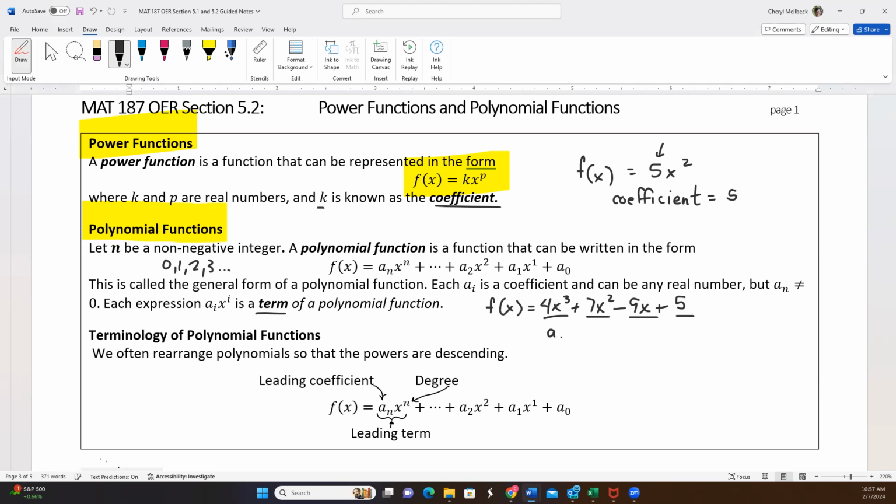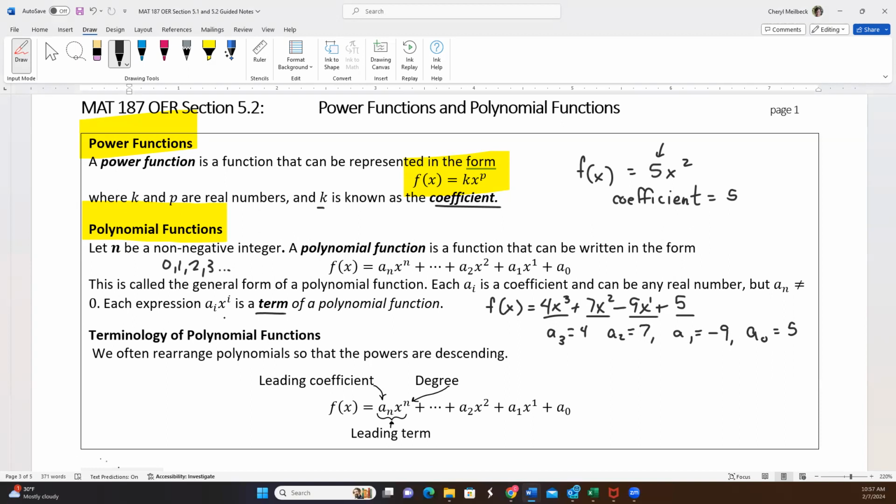So a sub 3, because the third degree term, a sub 3 is the coefficient, so it would be 4. Here, a sub 2, we would say was 7. A sub 1, we would say was negative 9, and we call it a sub 1 because the x has a 1 exponent there. A sub 1 would be negative 9, and a sub 0 would be 5.